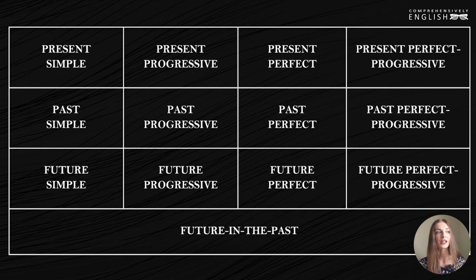So when the statement that we want to report is in one of the present tenses, we go one step back into the past and transform it into a corresponding past tense. This way, the present simple tense becomes the past simple tense, the present progressive tense becomes the past progressive tense, the present perfect tense becomes the past perfect tense, and the present perfect progressive tense becomes the past perfect progressive tense.